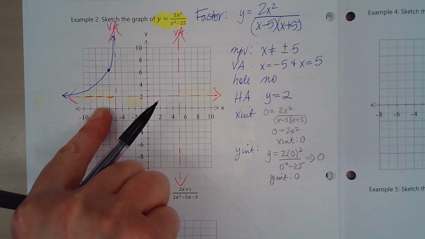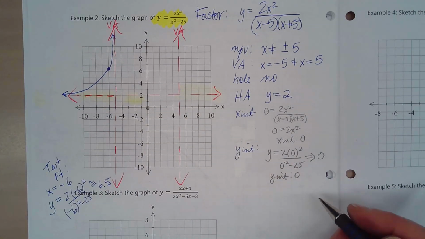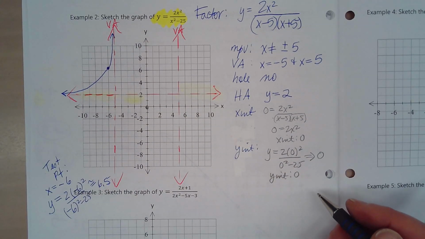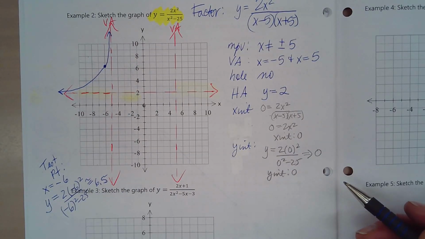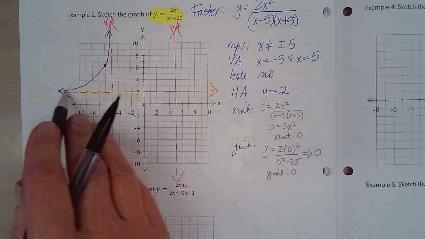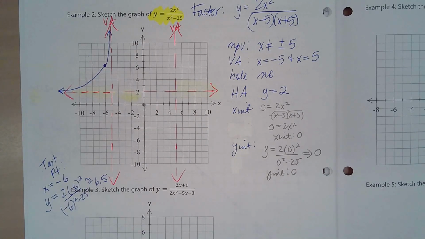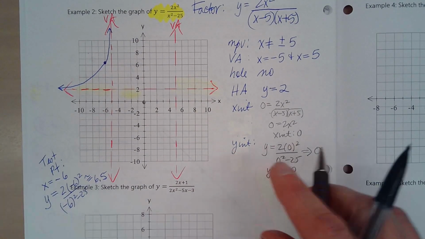It's always going to stay positive, and very rarely do your graphs cross a horizontal asymptote, and this is kind of a regular looking type graph. That's what asymptotes do, right? The graph just grows to it. Okay, let's do this section too.